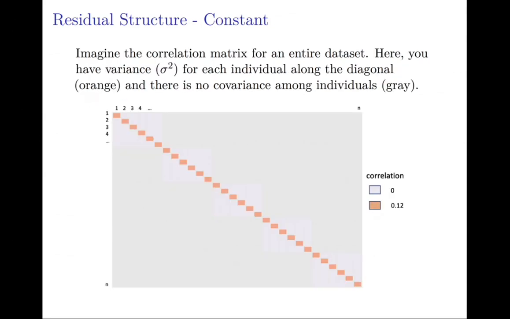So let's think about this as a correlation matrix for our entire data set. Here you have your variance sigma squared for each individual along the diagonal in orange. So maybe there's a variance there of 0.12. And again, there's no covariance among any individuals, so the rest of the matrix is in gray, and you can see we have data points 1 through n at the top, and also 1 through n for each of the rows.